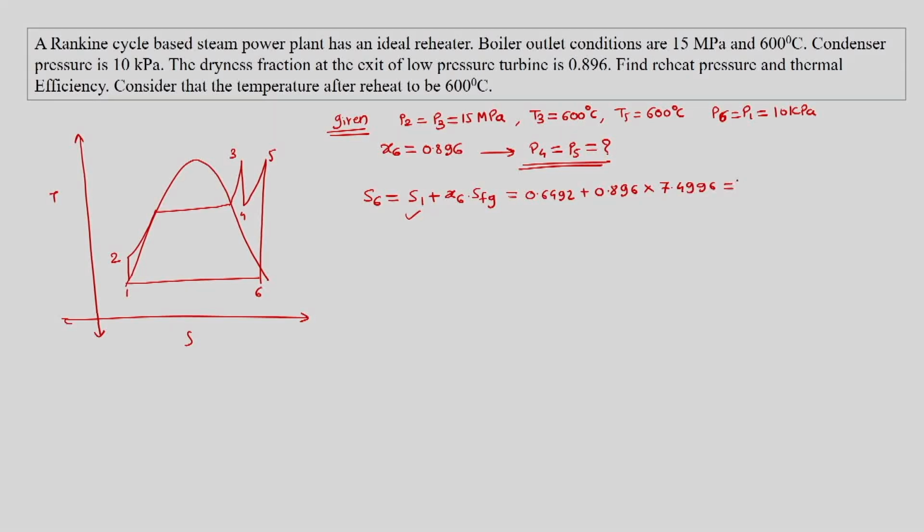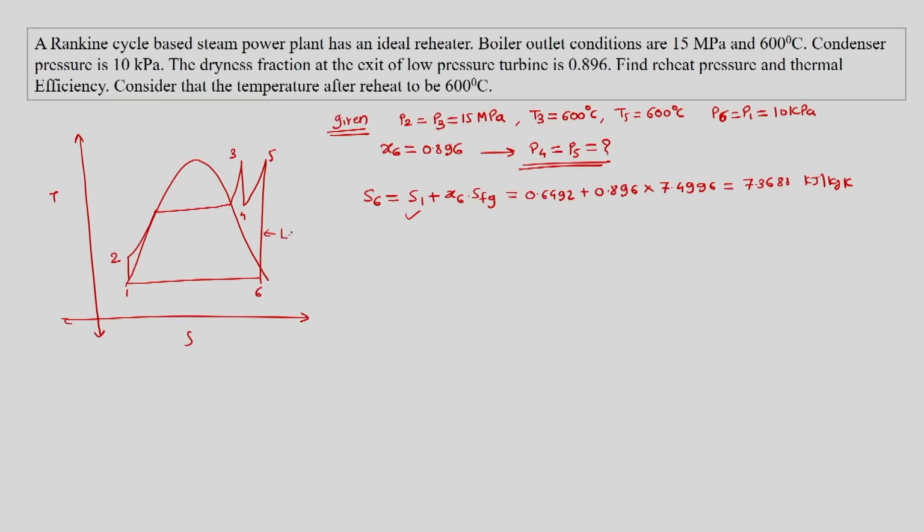So this gives us S6 as 7.3688 kilojoule per kg Kelvin. So this is the entropy at the exit of the low pressure turbine.